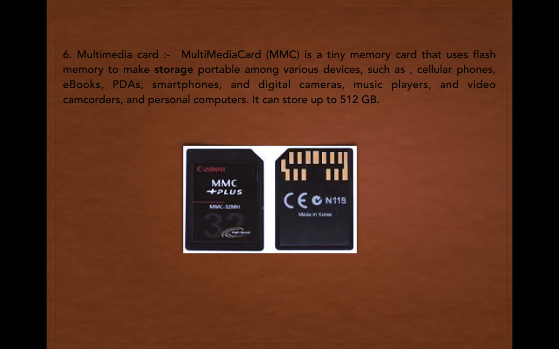Blu-ray uses a violet laser, which is used to read and write on this type of device, so its name is Blu-ray disc. It can store up to 50 GB of data, 25 on each side. So that is Blu-ray disc.